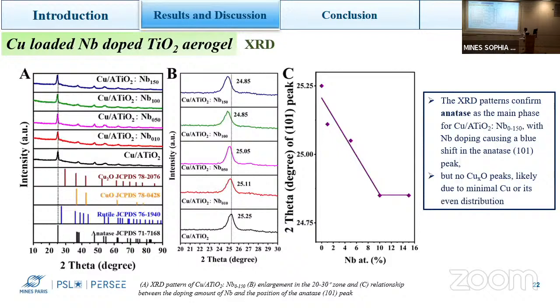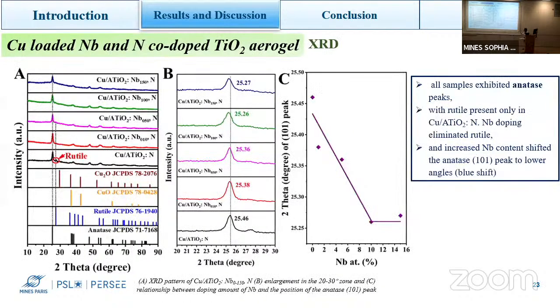But here we didn't observe any copper oxide species peak. From here, we can only suspect that maybe our copper loading amount is low, or because copper is uniformly distributed on the surface. That's why it cannot be detected by XRD so far. We need more characterization techniques to see what kind of state the copper is in.